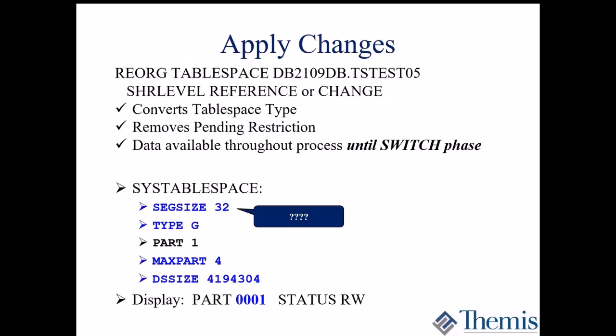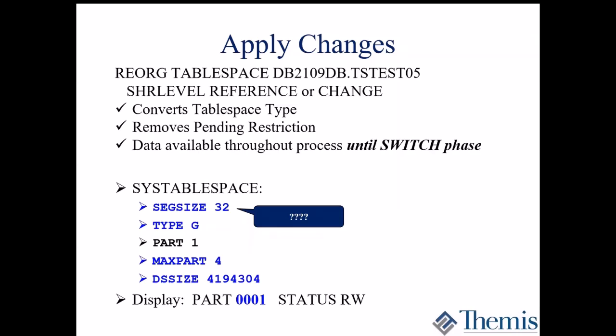This is just an oddity that I've found that you probably want to be aware of if you're doing a lot of conversion of segmented to universal. This is the only time this one comes up, if you're going from a segmented table space to a universal partition by growth. The SEGSIZE will take the default value, which, unless your system person has changed the zparm, is 32, unless you also issue an alter that changes the SEGSIZE back to whatever you wanted it to be.